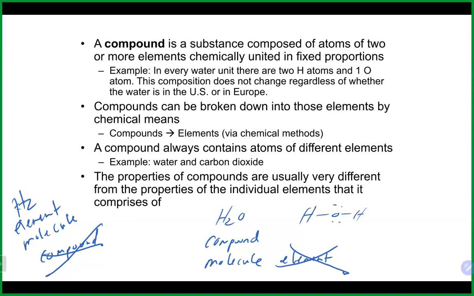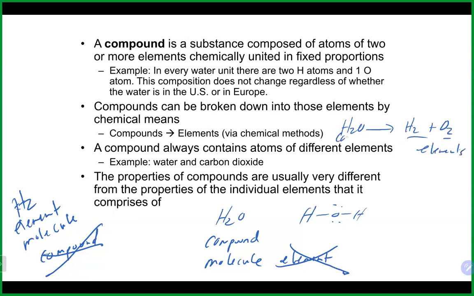So unlike elements, which are really as far back as you could go, compounds can be broken down into simpler things like their elements by some type of chemical reaction. So like the example that we just looked at there, we took our water once again and ran an electrical current across it. You can break it down into its elements.